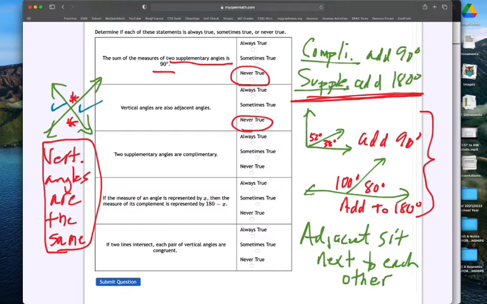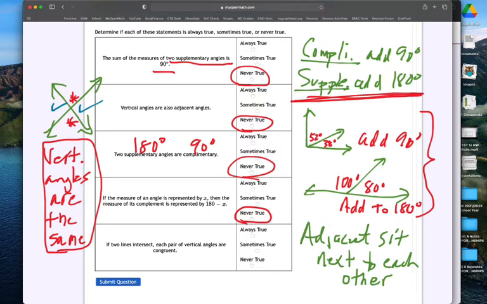Two supplementary angles are complementary. Well, that would be like saying that 180 degrees can also be 90 degrees. That's never true. If the measure of an angle is represented by x, then the measure of its complement is represented by 180 minus x. Well, that would be never true.